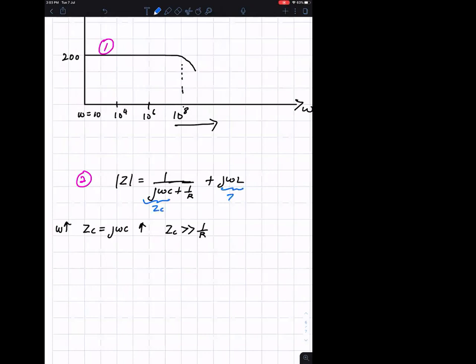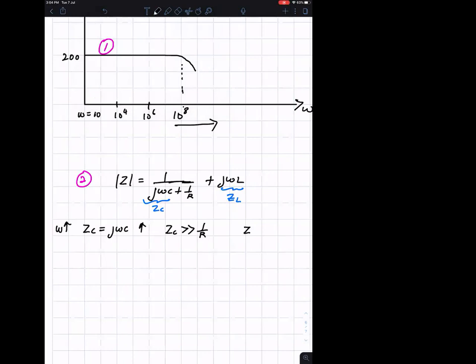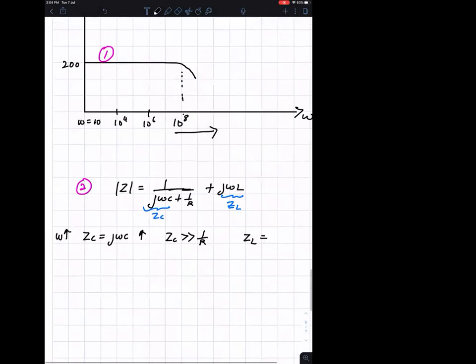This is ZL. ZL is also going up, right or not? ZL is j omega L. j omega L is also going up.